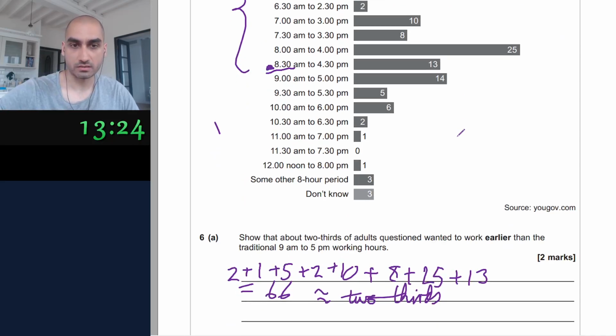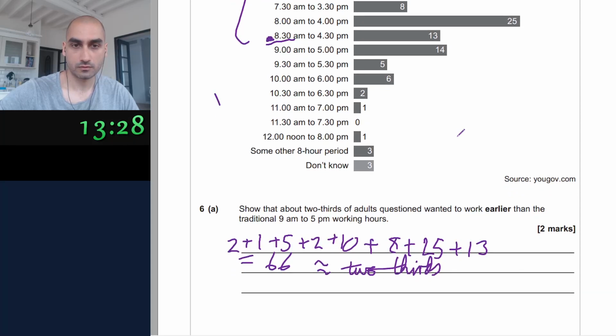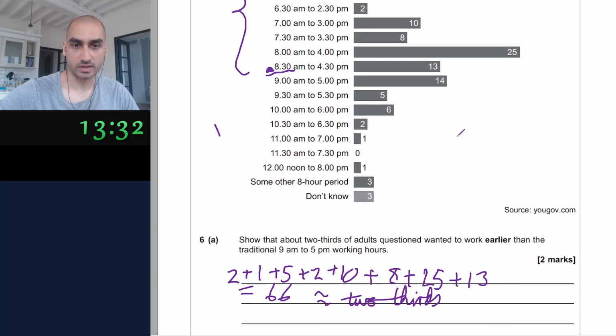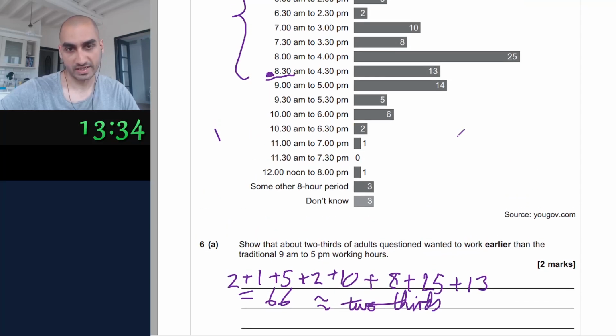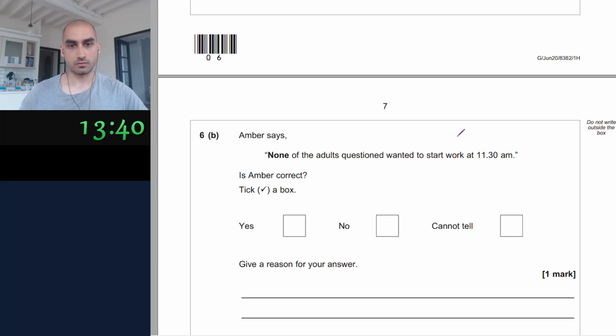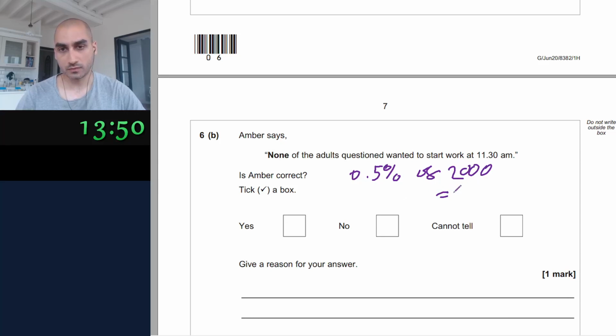So it could have been 0.5, or let's say 0.499 or whatever, and that would have been rounded down to 0. So 0.5% of 2000 equals 1.